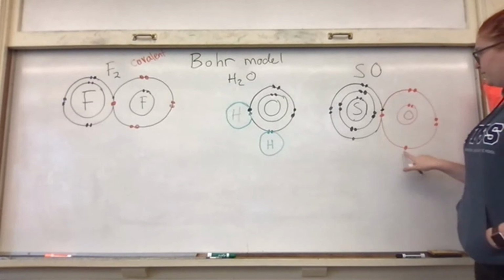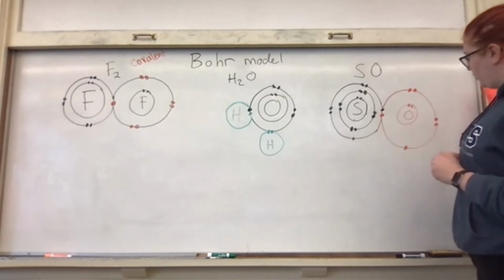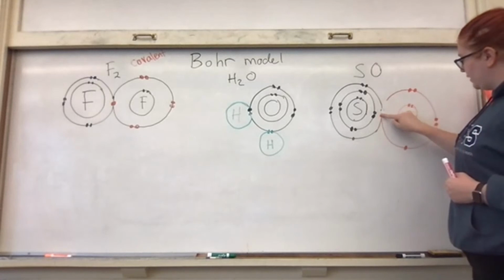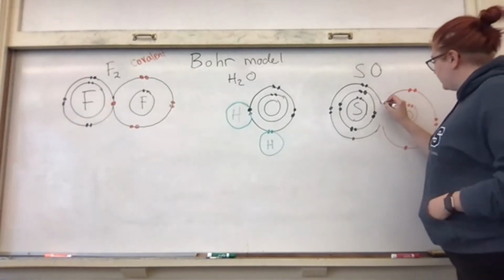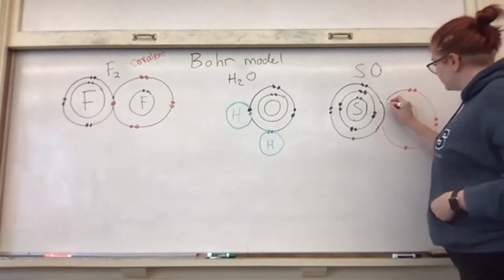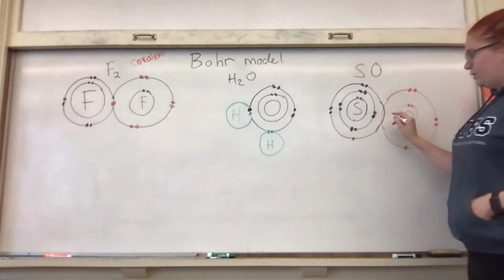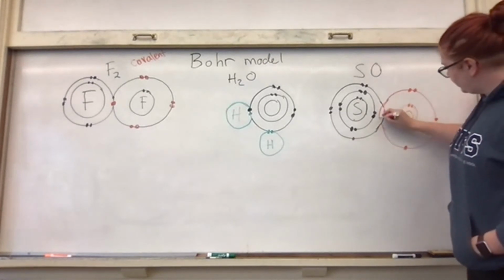Okay, so to show how this electron and this electron are shared, what we actually do instead of doing that is we're going to overlap the shells so that you can see both shells. So it looks like this. So now, can you see how, maybe I'll make it a little bit bigger.